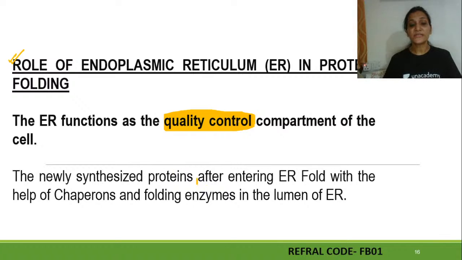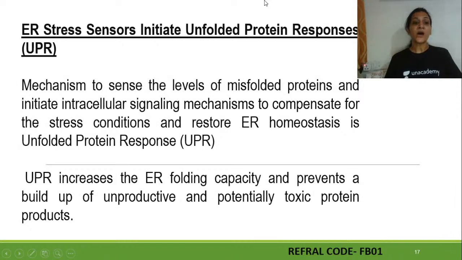The newly synthesized proteins, after entering the ER, fold with the help of chaperones and folding enzymes in the lumen of the ER. With the help of chaperones, they will enter inside and change into properly folded protein.